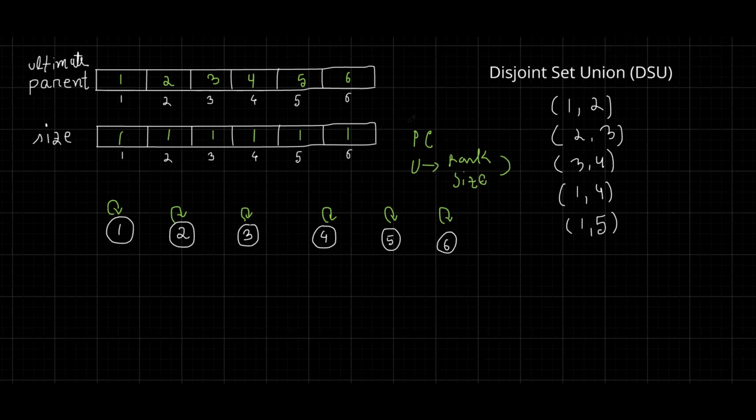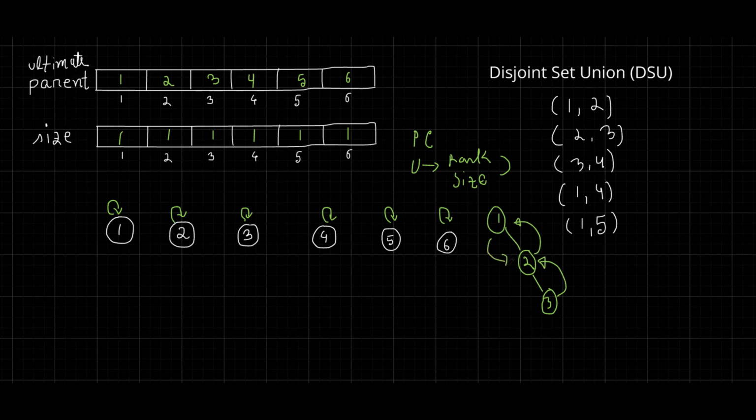And path compression basically means, suppose there is a node 1 which has a child 2, and 2 has a child 3. Suppose here we have to decide what the ultimate parent of 3 is. The ultimate parent of 3 is 1. So how can we get the answer? To get the ultimate parent of 3, we should ask 2, what is the ultimate parent of 2? The ultimate parent of 2 is 1.